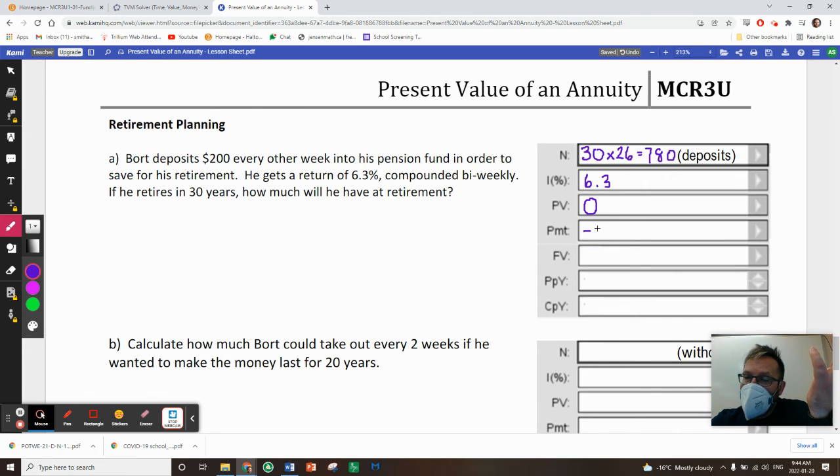For a saving question, we're assuming Bort starts with nothing. He deposits 200. We'll put in minus 200 because he's giving that away. We're solving for FV here. And this is a bi-weekly problem, 26. Remember, those are always matching for our annuity problems.